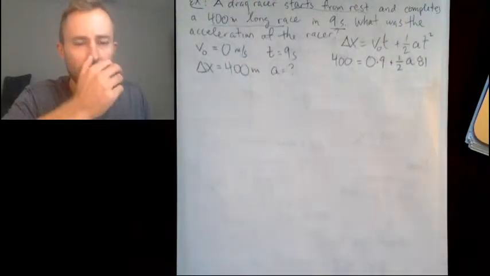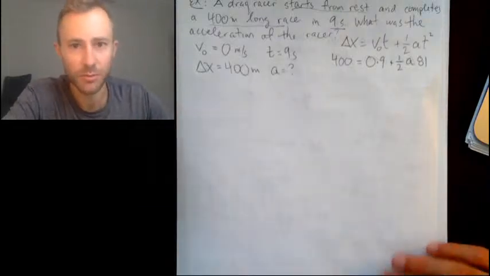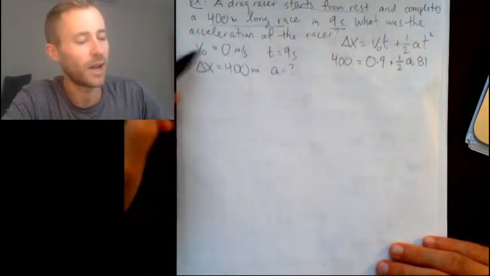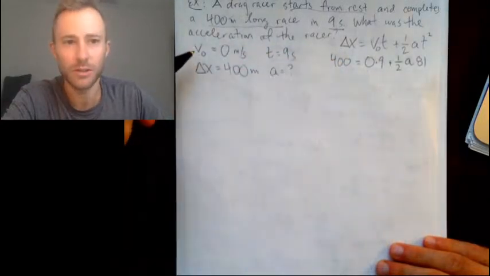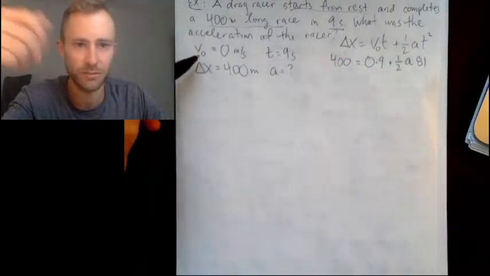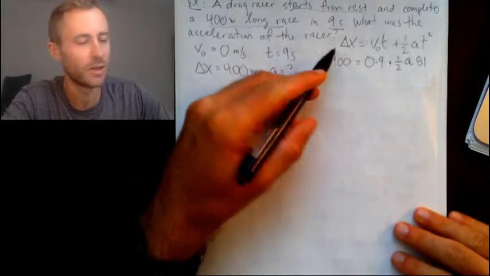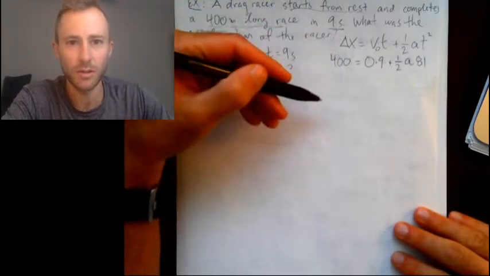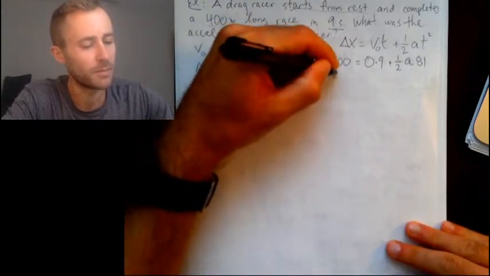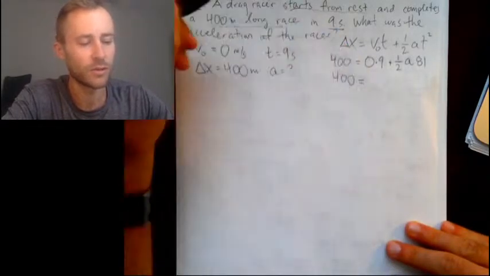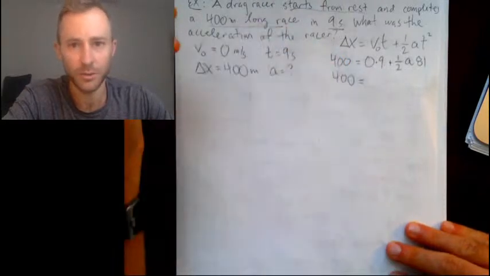Okay? Now, generally speaking, if this wasn't our very first kinematics equation problem, I wouldn't even write this term because the initial velocity is 0. Okay, so I would just kind of say that's obvious, but I'm writing it out explicitly here. So when we go to the next line, we want to simplify everything. So 400 equals, so I'm leaving this term out because it's 0 times 9 equals 0.